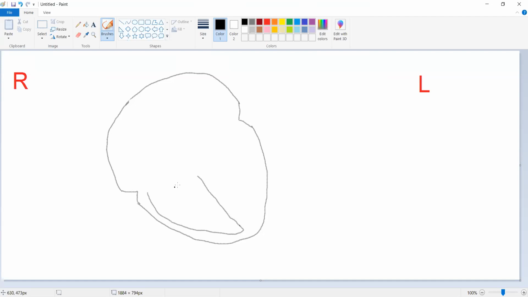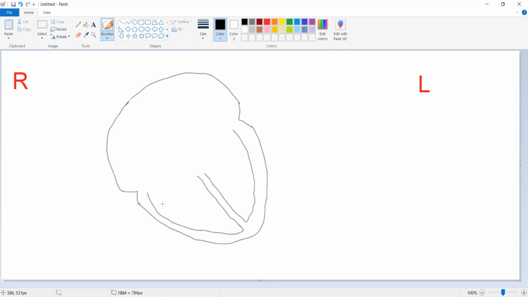So this is the right side. Now moving on to the left side. Now on the left side, the wall is thicker. This part is thicker. Here, the right side is thinner.